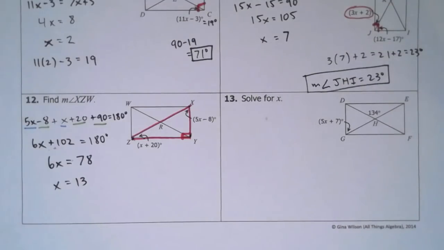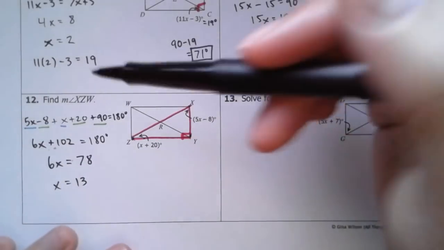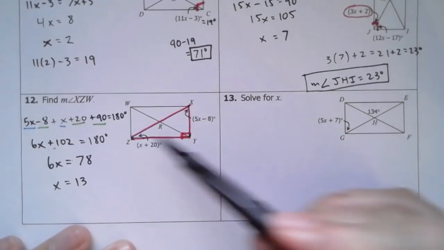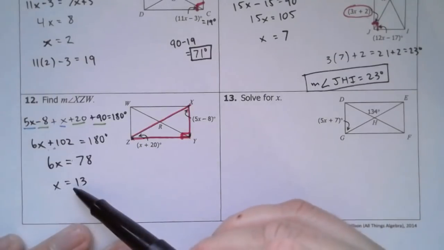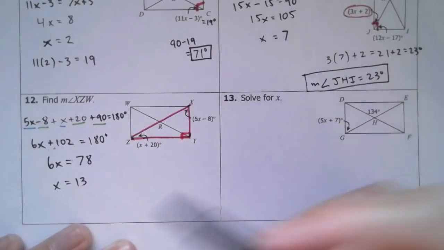Oh, I see. It's not XYZ, it's XZY. So my mistake, you plug into this one. Now that I found x, I can just plug it in here, and that gives me the answer.